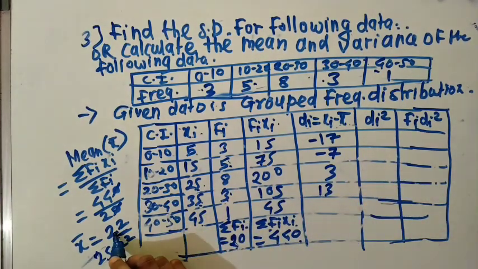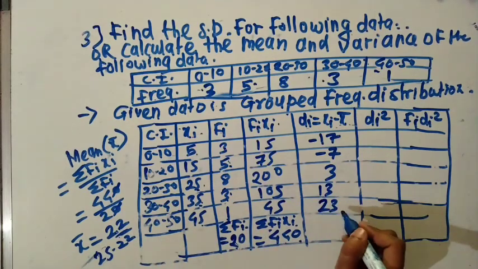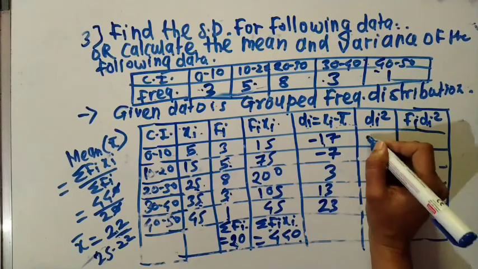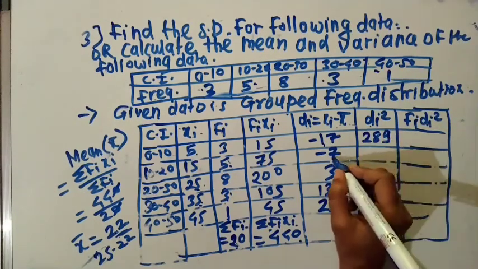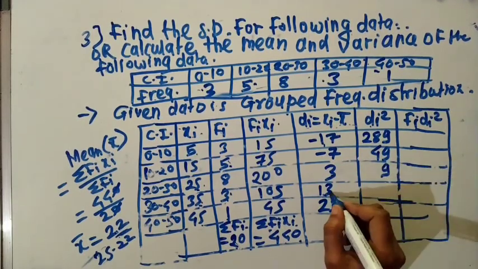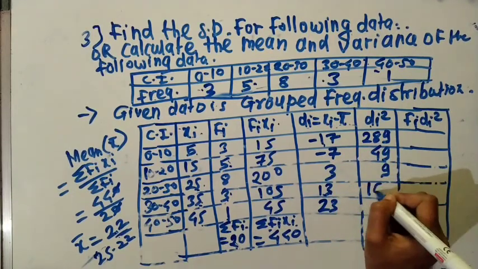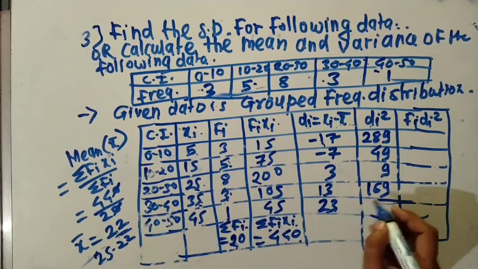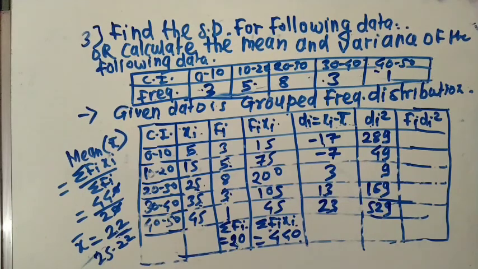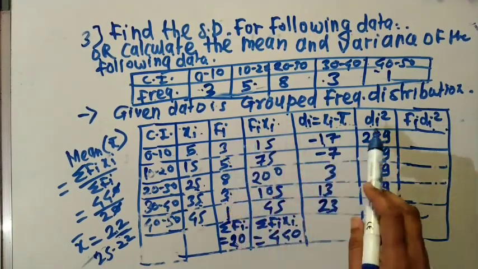Then 45 minus 22 is 23. Then find out di square. 17 square is 289, 7 square is 49, 3 square is 9, 13 square is 169, 23 square is 529. Square means this into this, 23 into 23.